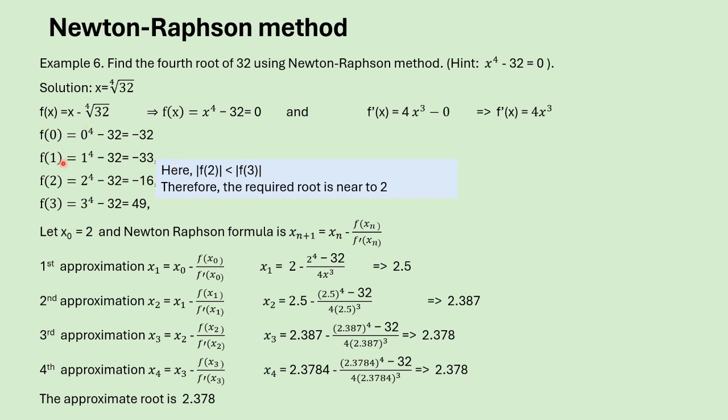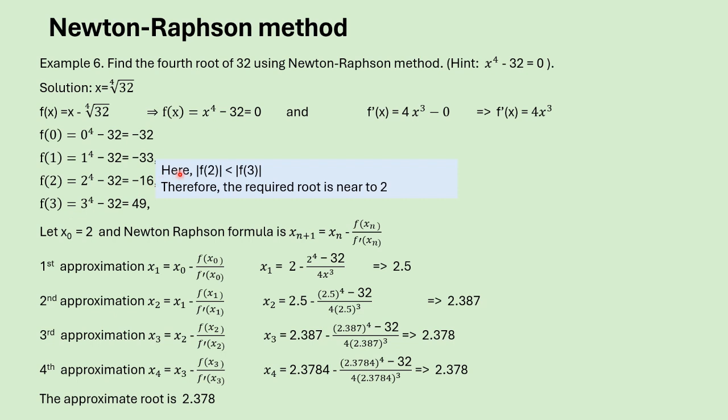Then we have to try with the value 2, which is 2 to the power 4 minus 32 is minus 16. Then we are taking the value 3 to the power 4 minus 32, which is 49. Now here we got these two values, minus value and positive. So here the root lies between f of 2 and f of 3.